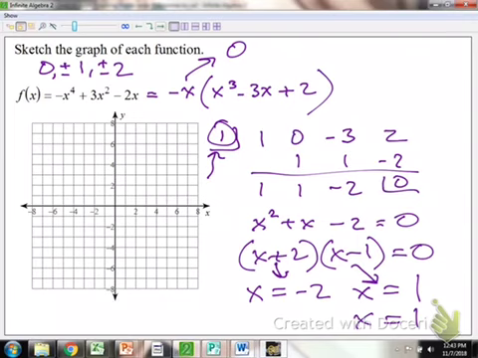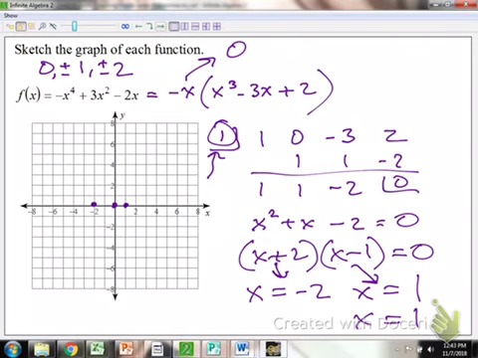So let's sketch these things. So my x-intercepts are, hold on, have I made a mistake here? No. Our zeros are 0, 1 is a 0 twice, and then my other 0 is negative 2.